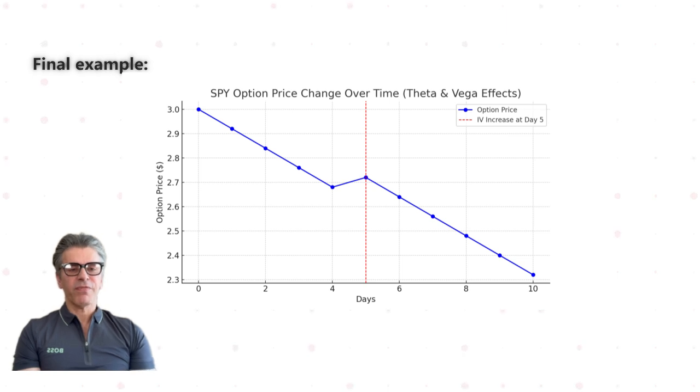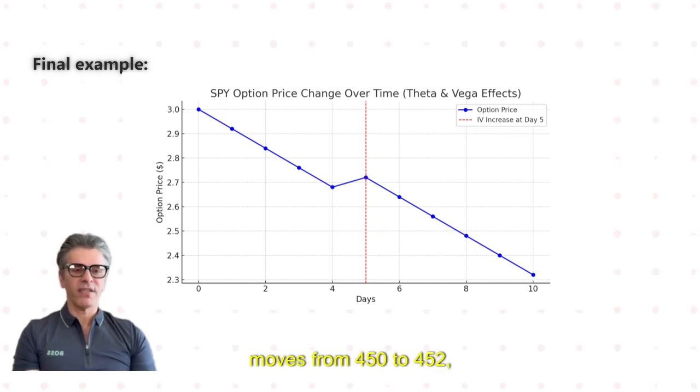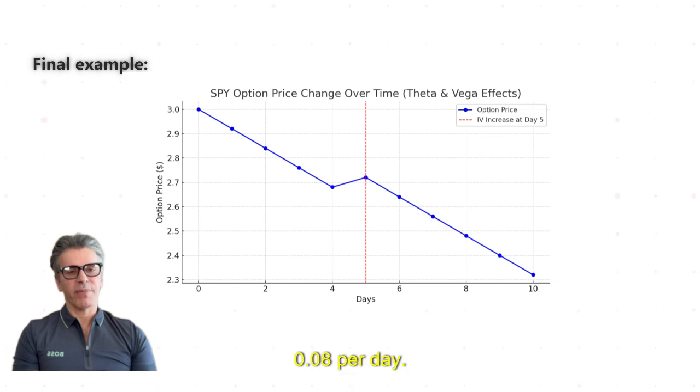If the SPY moves from 450 to 452, your option gains roughly $1.20 because of the delta, which was 0.60 per dollar move. And if the SPY stays at 450 for 5 days, you lose 40 cents due to theta, which was minus 0.08 per day.